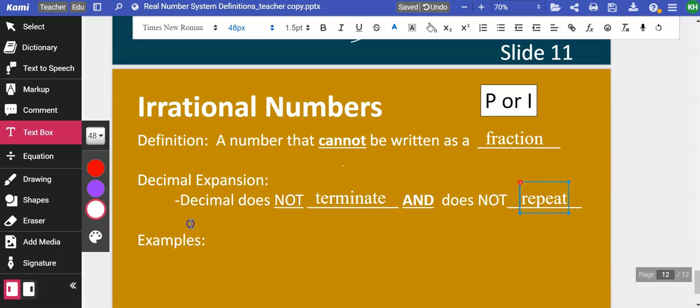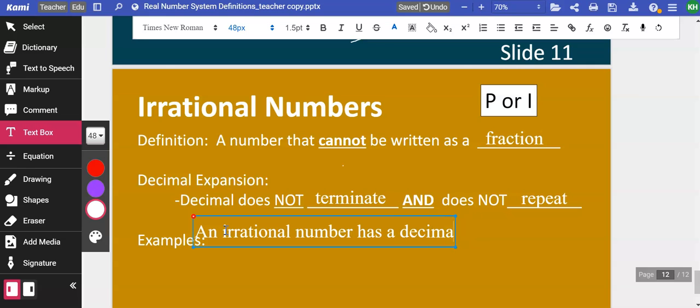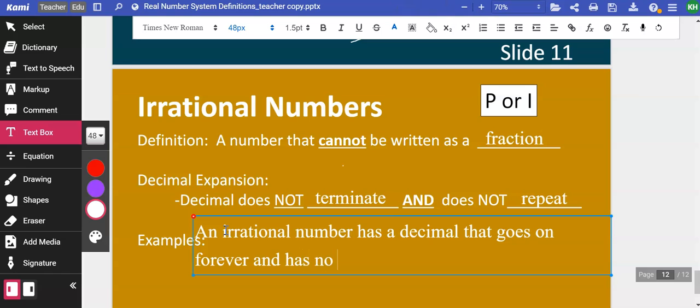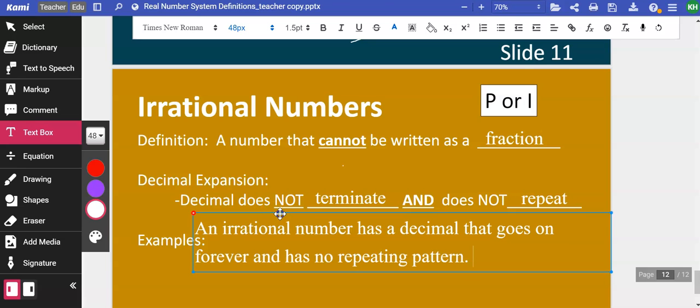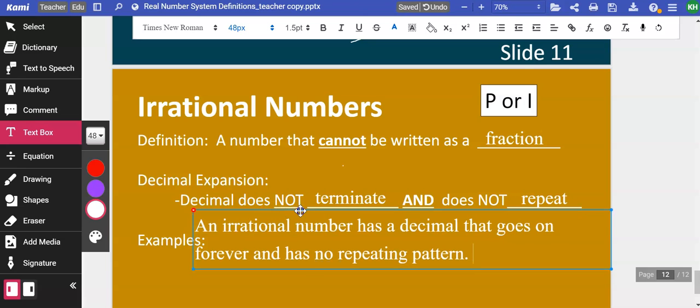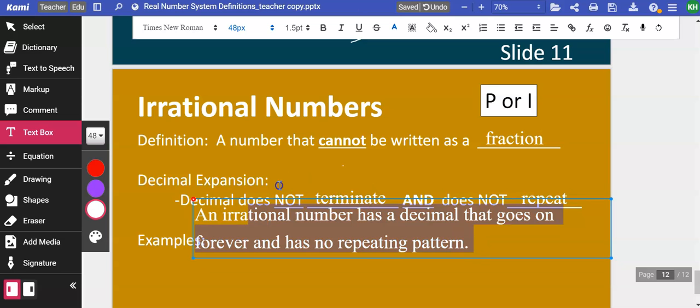If you said it another way, you could say instead that an irrational number has a decimal that goes on forever and has no repeating pattern. And I'll make that a little bit smaller so that it fits.